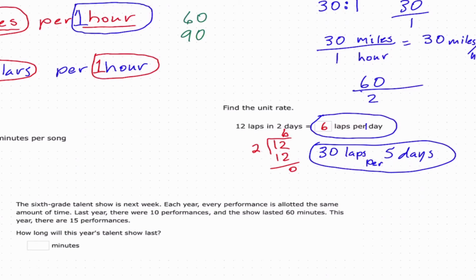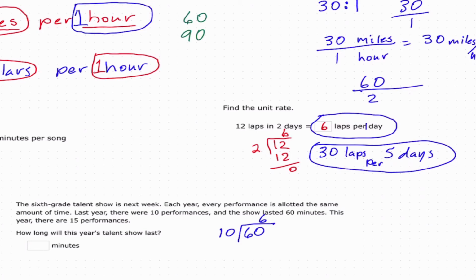Last year, there were 10 performances. The show lasted 60 minutes. So if the whole show lasted 60 minutes, that would be divided up by 10 performances, right? So if we want to find the unit rate here, we do 60, because that's the total number of minutes, divided by the number of performances, which is 10.